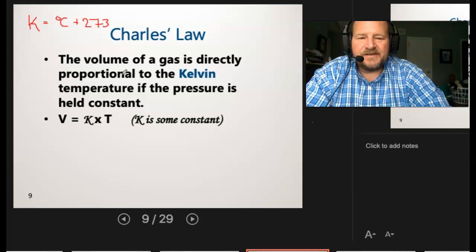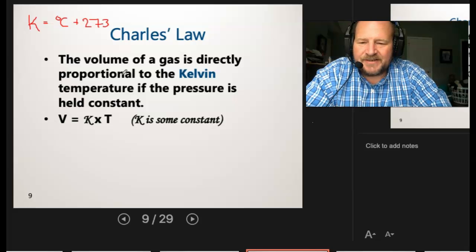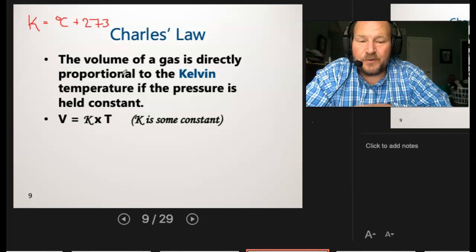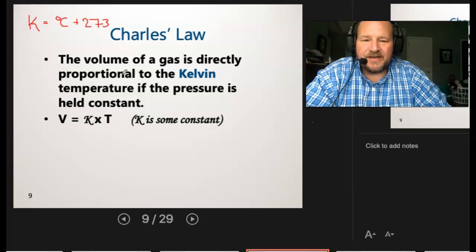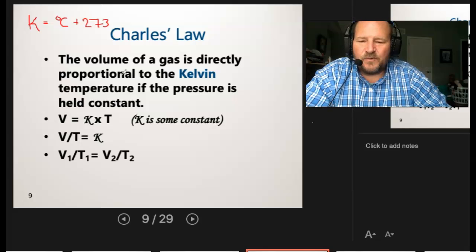All right, we're going to see kappa come back into play again. And again, just like with Boyles Law, the kappa really doesn't matter. It's some constant. Here we know that these guys are going to be proportional. So as one goes up, the other goes up in proportion to it. And it's based on the Kelvin scale. That means V over T is equal to kappa, which means we could say V1 over T1 is equal to V2 over T2.